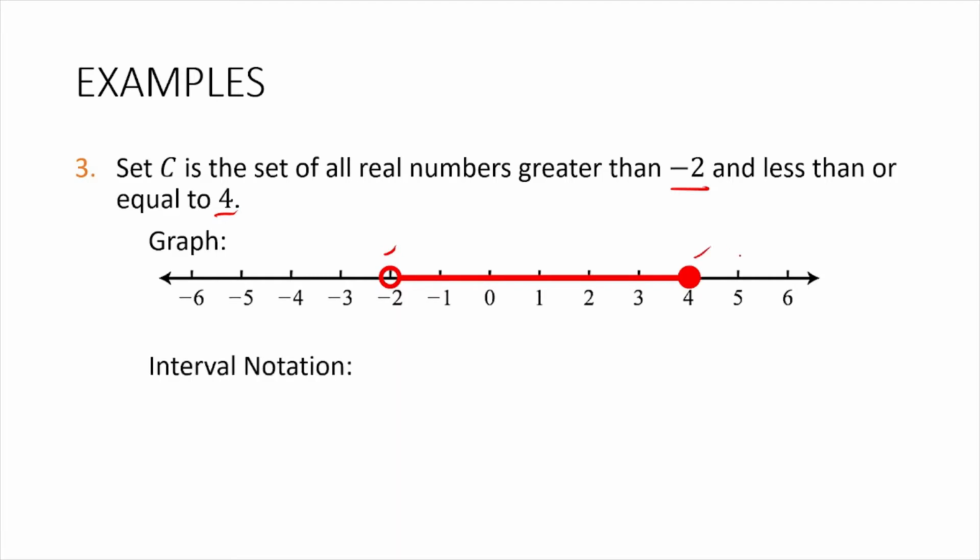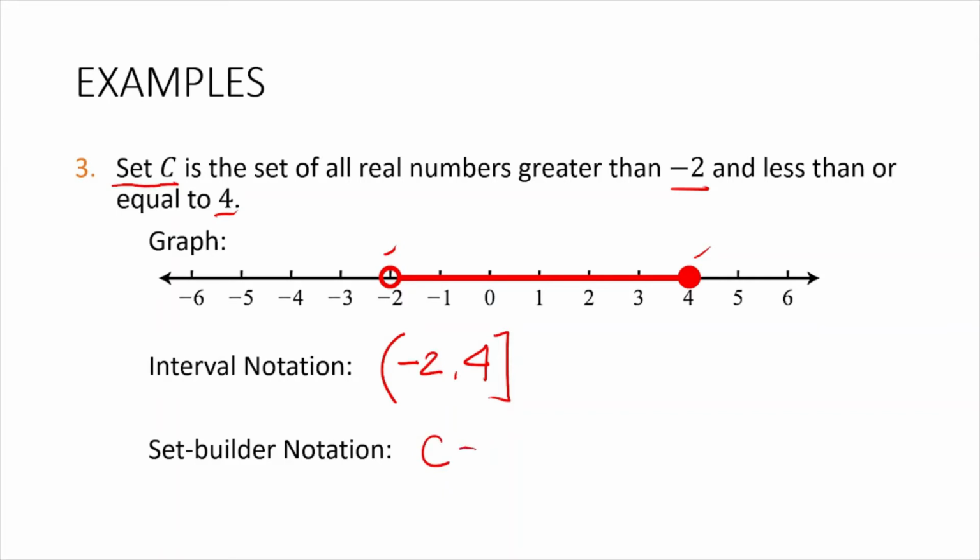So for the interval notation, we say from negative 2, excluding negative 2, and then up to positive 4. Here we include positive 4. And then set builder notation, this is set C. So we say set C is the set of all x such that x is a real number, right?